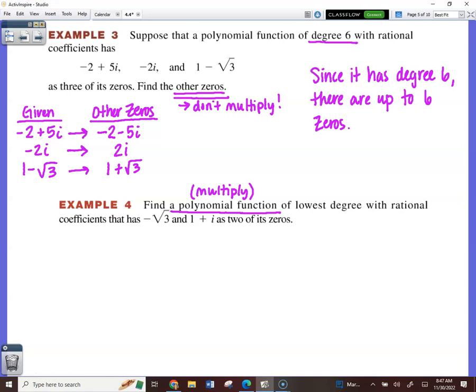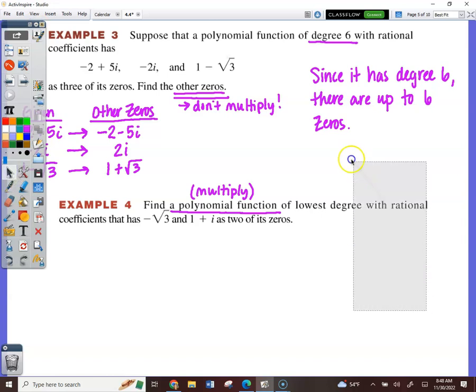Find a polynomial function of lowest degree, that just means bare minimum, with rational coefficients that has negative square root 3 and 1 plus i as two of its zeros. So they're really not saying it has to be a certain degree. They're saying bare minimum, if you know that these are two zeros, then what can you infer and then tell me what the polynomial would be?